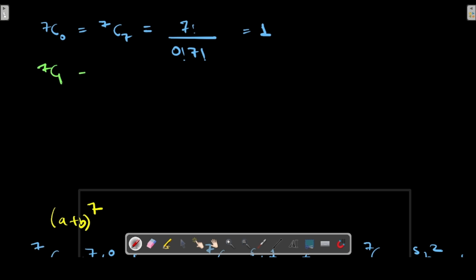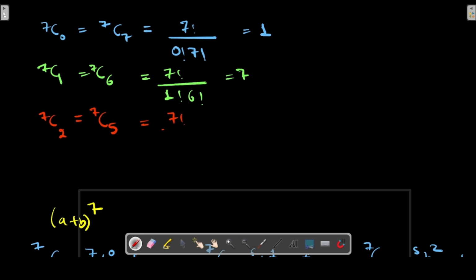Then you have 7C1 and 7C6, so that's 7 factorial upon 1 factorial and 6 factorial, that's 7. And 7C2 will be the same as 7C5, 7 factorial upon 2 factorial and 5 factorial, and then you have 6, you have 2 factorial, you have 21.